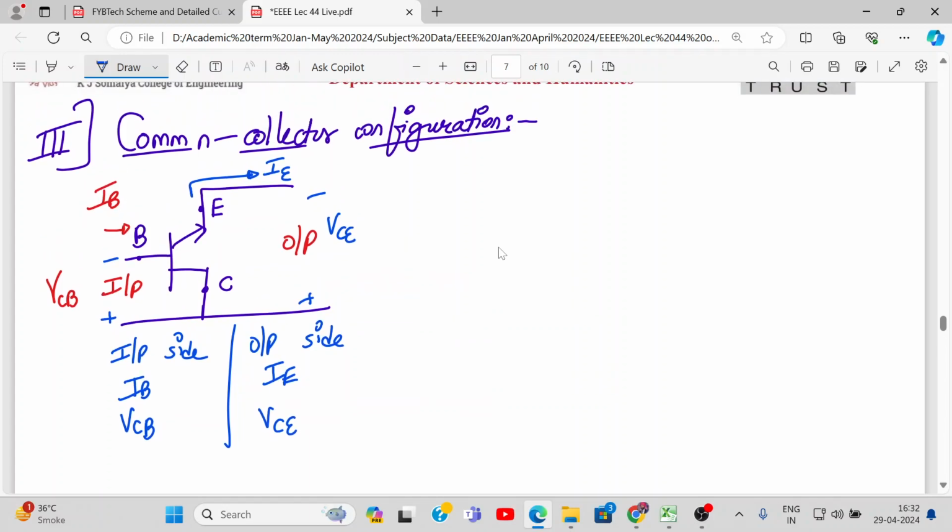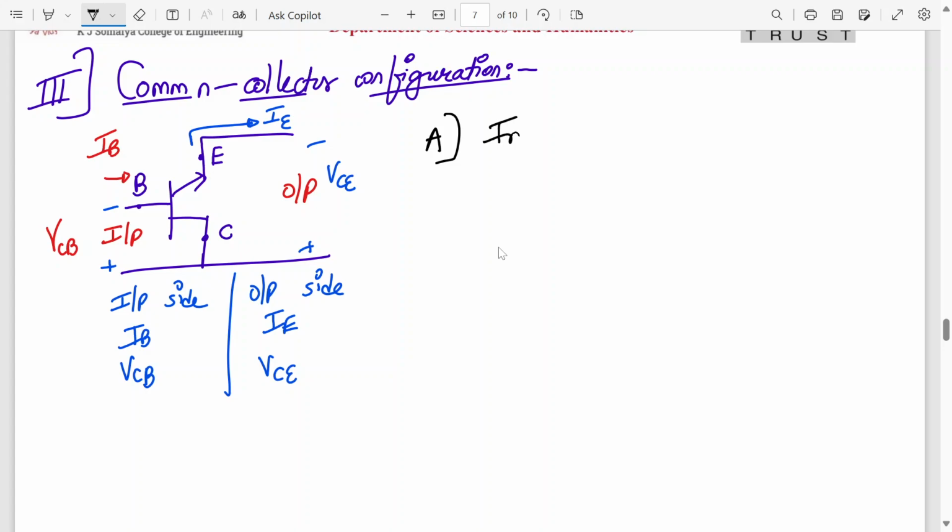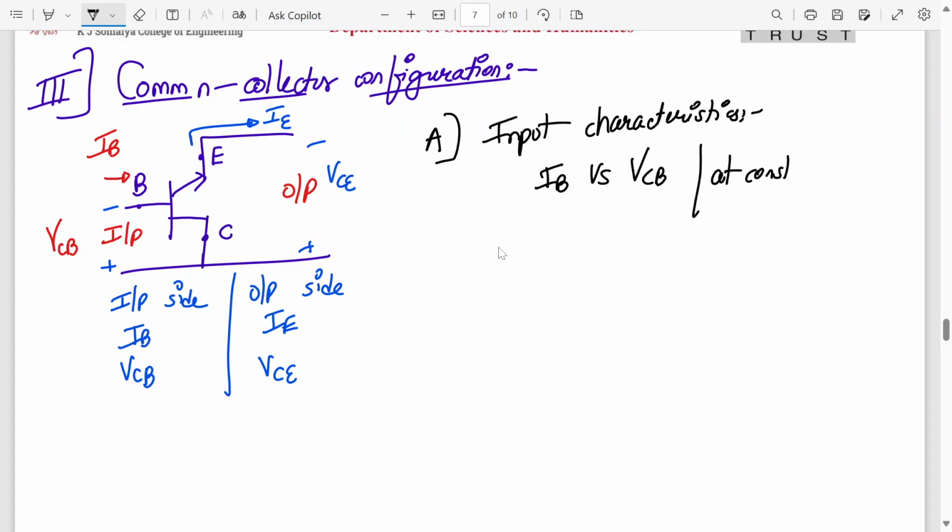So here we have input characteristics as follows. This graph is slightly strange. I'll explain why in the next class. It's a graph of input current, which is IB, versus input voltage, which is VCB, at constant output voltage, which is VCE.